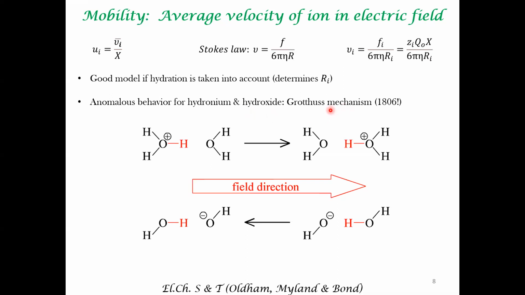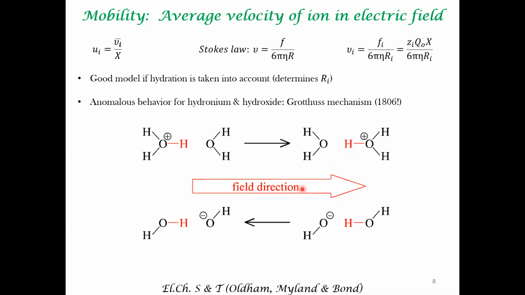The reason you see very high transport is that it is not an ion that is shuttling across the medium. What is happening is just a local transport. This ion can get transferred, and the next time it's not this ion, it's the other ion that can get transferred. So there is just a local transfer of ion.